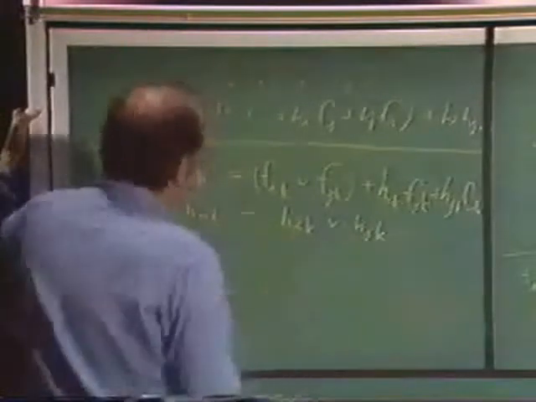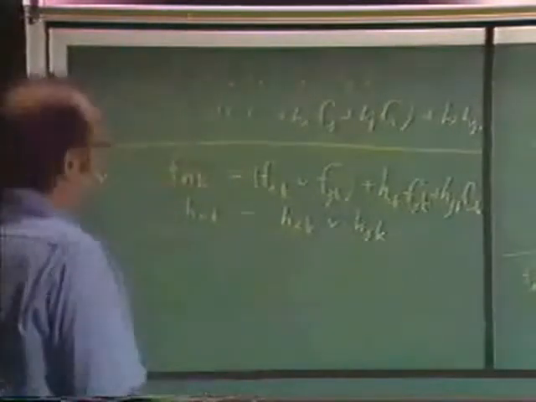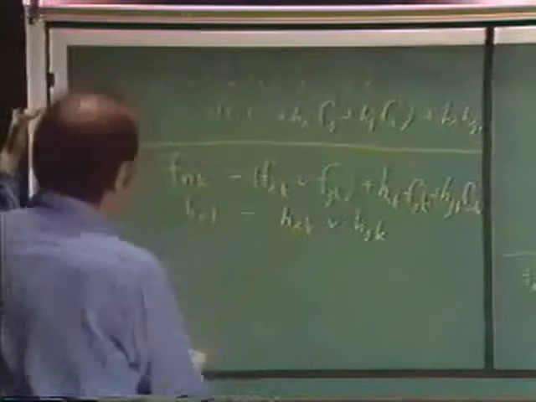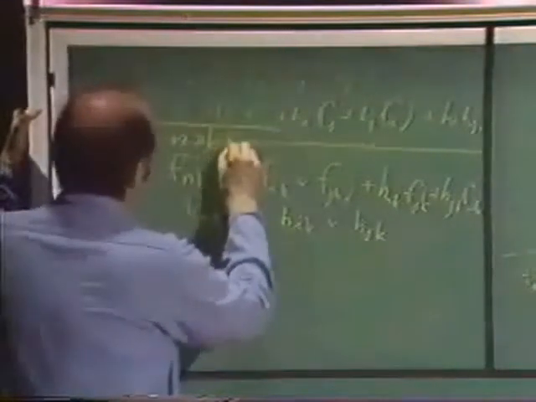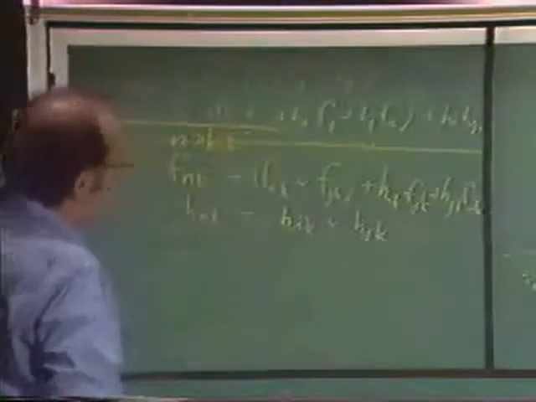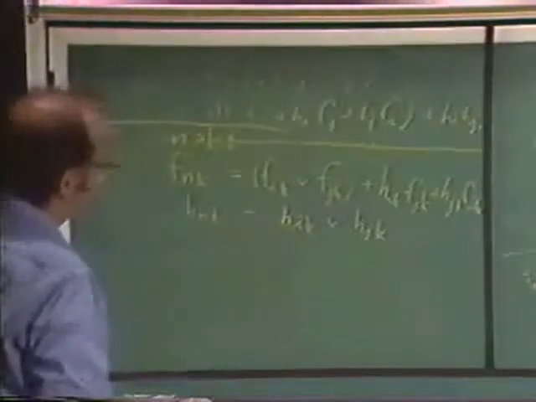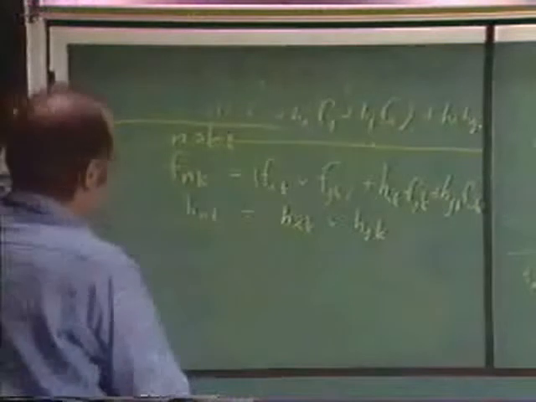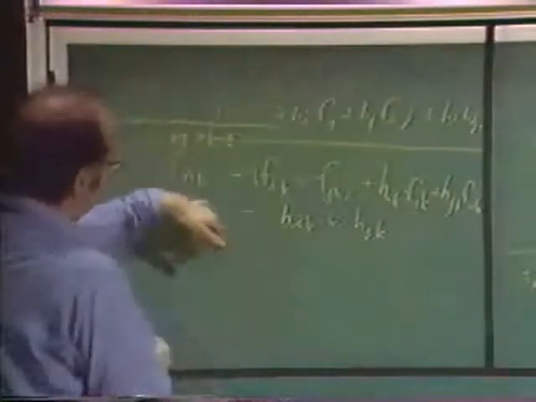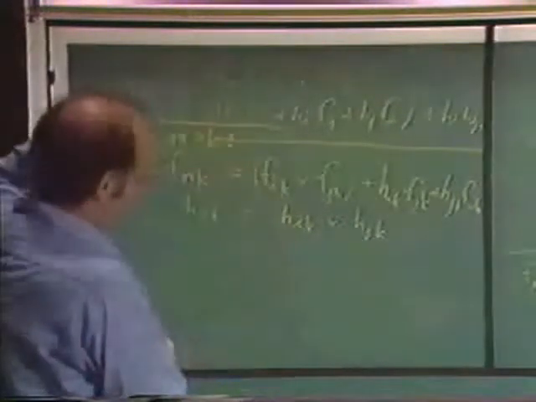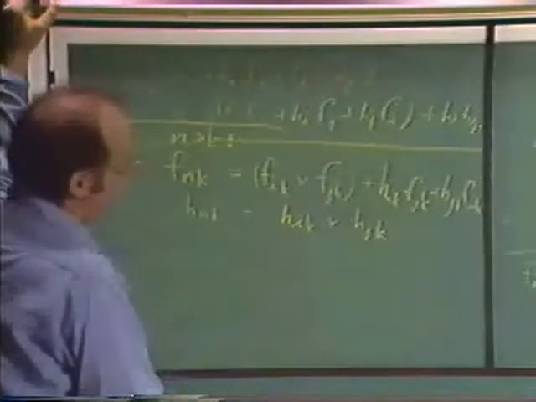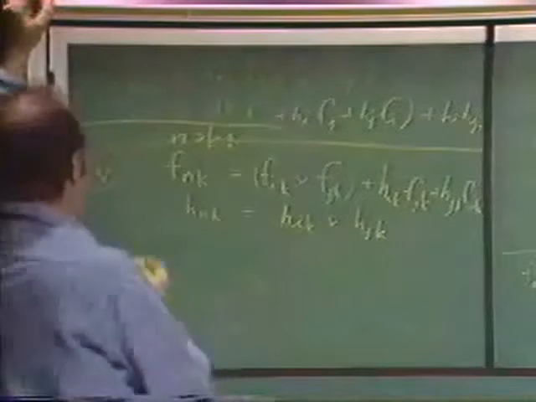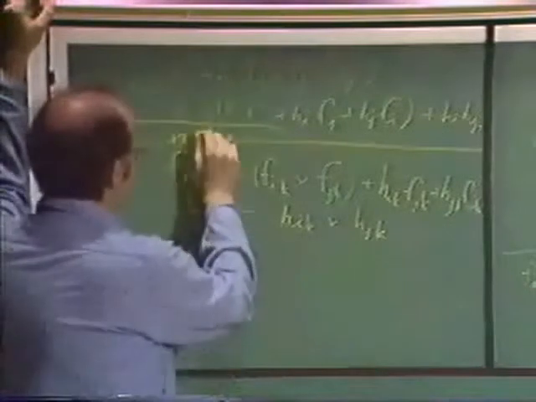And this rule holds for n greater than k. So reference all this by n greater than k. If n is less than k, then F is 0. And H is, well, n is unequal to k.